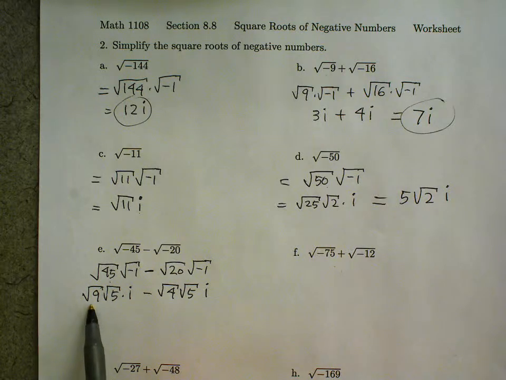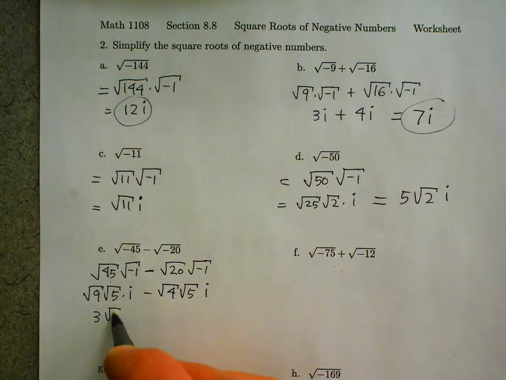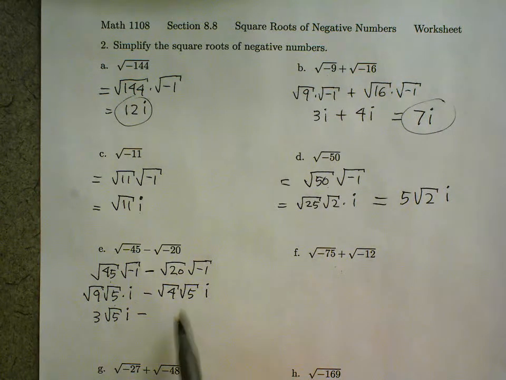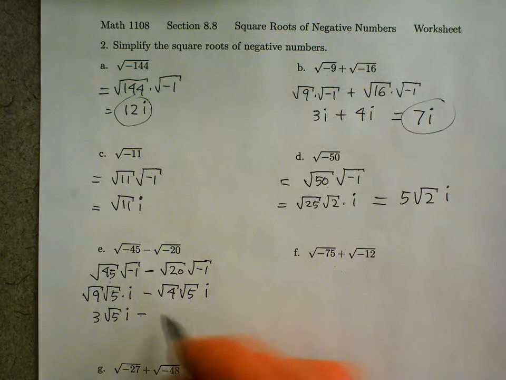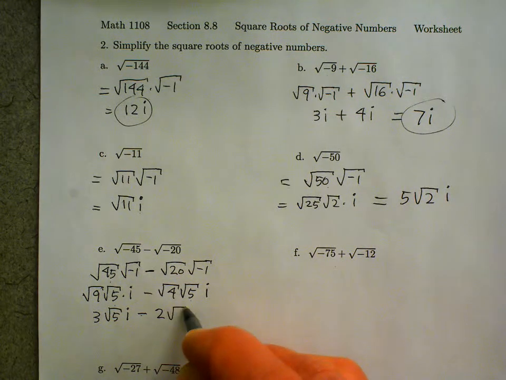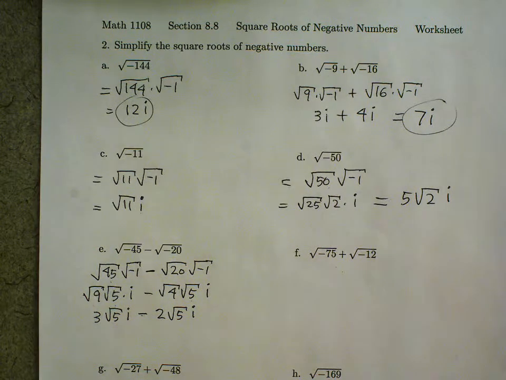The square root of 9 times the square root of 5 times i is 3 times the square root of 5 times i. And then minus the square root of 4 times the square root of 5 times i is the same as minus 2 times the square root of 5 times i. And we can simplify further.